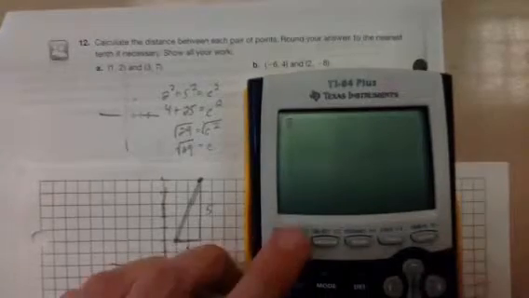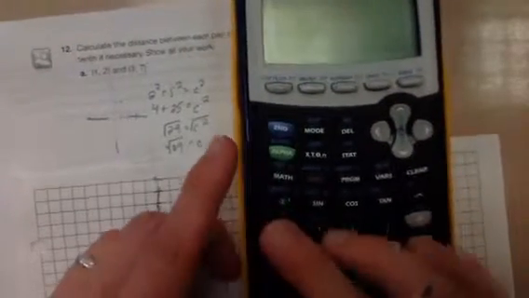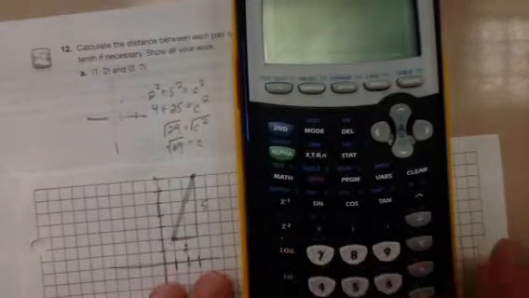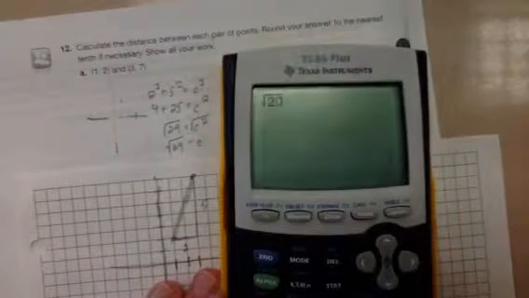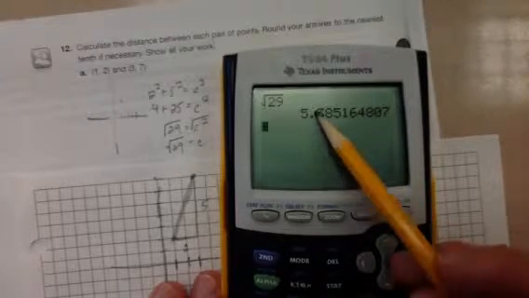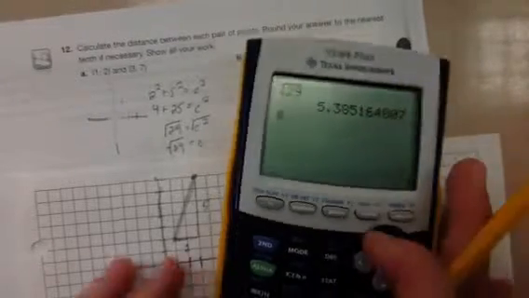So let's put square root of 29 in the calculator. Square root is this blue right above the x squared button. So second x squared, square root 29, 5.4, rounded to the nearest tenth. So c is approximately 5.4 long.